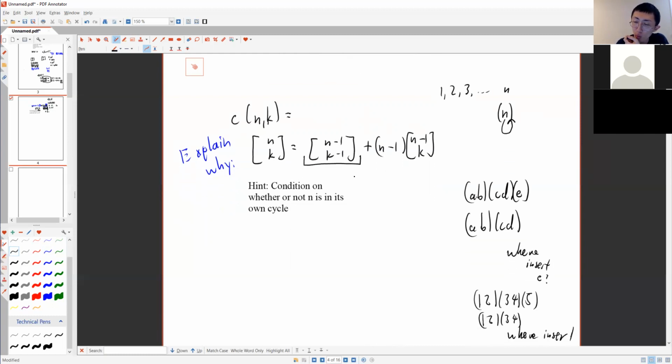So then what if n is not in its own cycle? Let's just take 5, 6 as an example. Let's say I already have some permutation of 1 through n-1. I want to insert n, which is 6, into some place, but it can't be by itself. So how many ways can I insert 6 into the given permutation with n-1 elements?